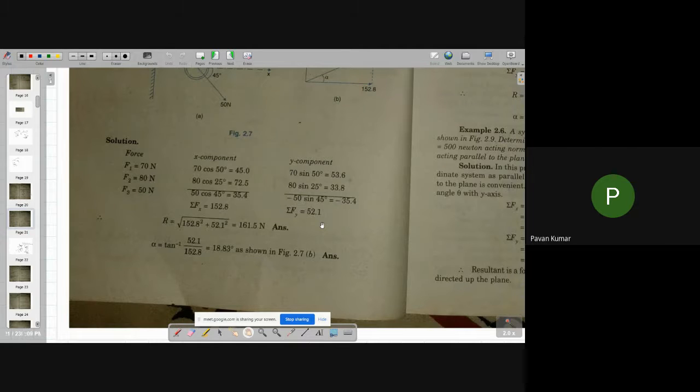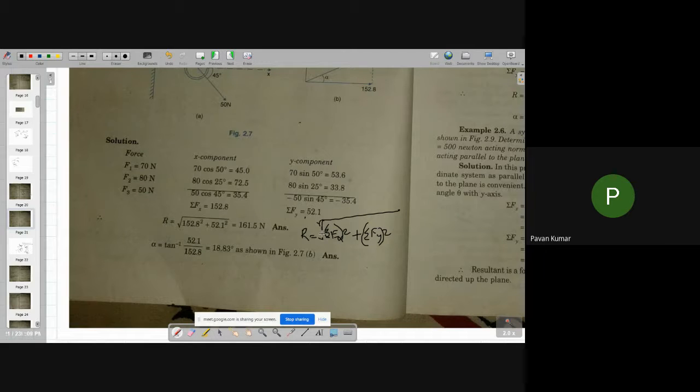Then I already told you that our equation to find the resultant is R equal to the root of sigma fx square plus sigma fy square.